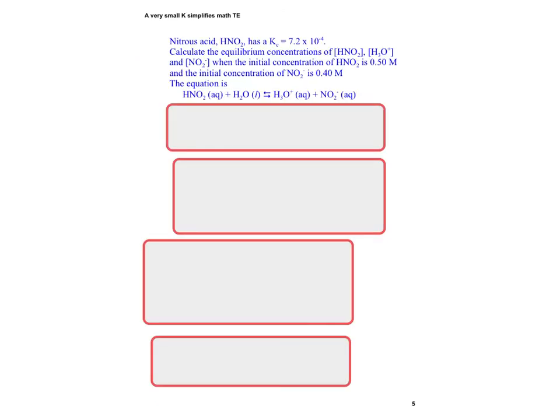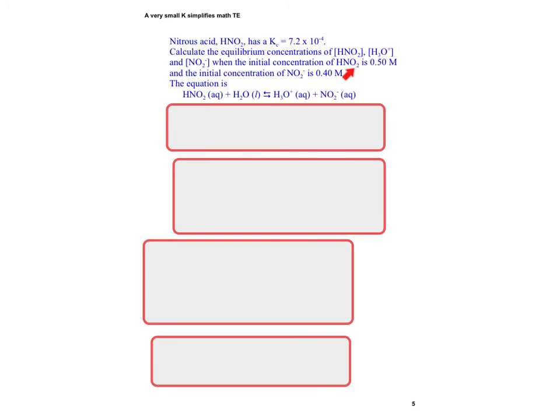Now let's try one more problem. When nitrous acid is dissolved in water, it forms hydronium ion and nitrite ion. And nitrous acid is a weak acid, and it has an equilibrium constant of 7.2 times 10 to the negative 4th for this reaction.